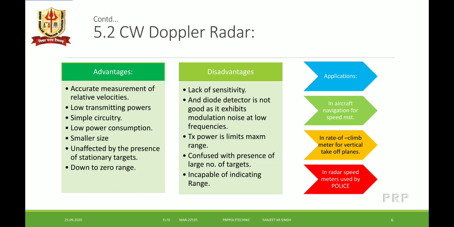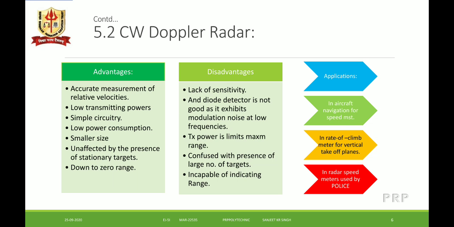Advantages, disadvantages and applications of continuous wave Doppler radar. What are the advantages of continuous wave Doppler radar? Accurate measurement of relative velocities can be achieved using continuous wave Doppler radar. Then it makes use of low transmitting power, and it has simple circuitry with low power consumption, is smaller in size, and remains unaffected by the presence of stationary targets.